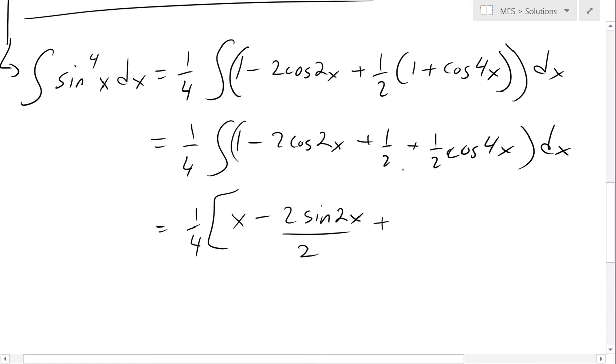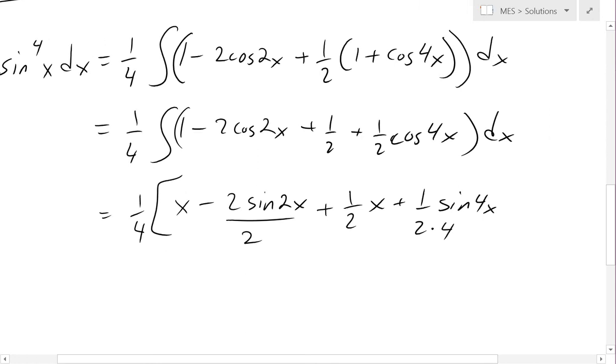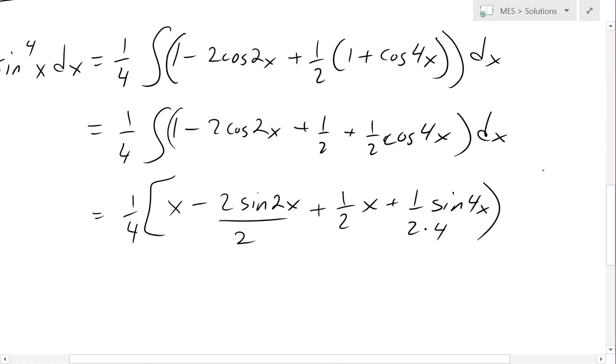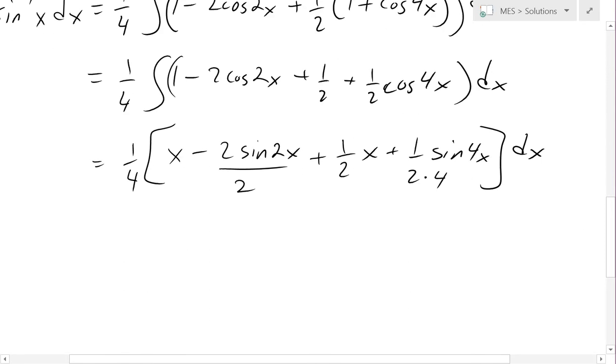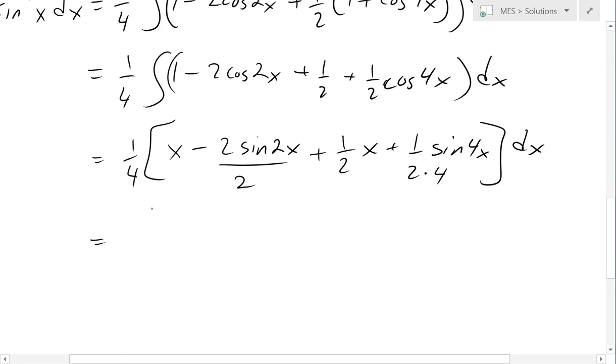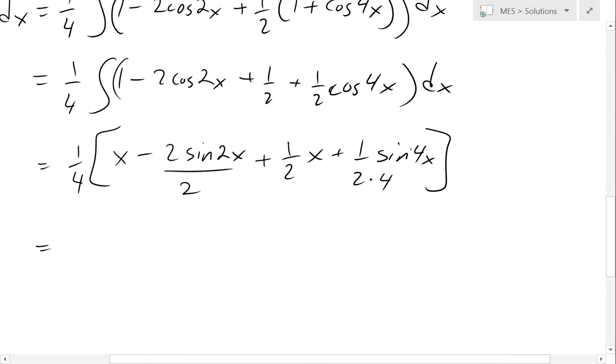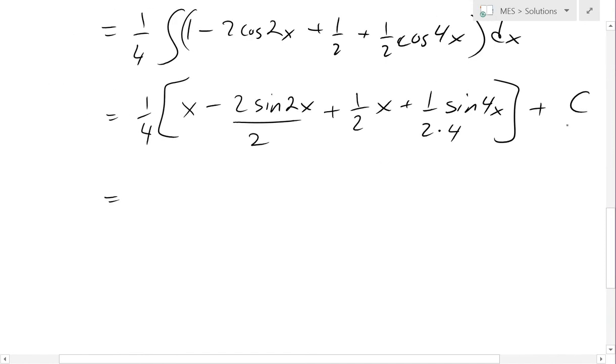Now we have this 1/2, which gives 1/2 x. Same thing here, 1/2, this is going to be sine 4x, and we have to divide by 4. Then we erase the dx, since that's evaluating the integral. We also have to add a constant.